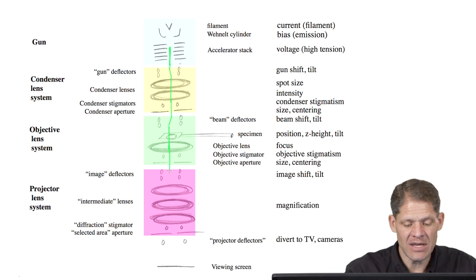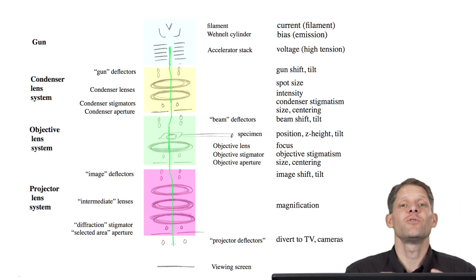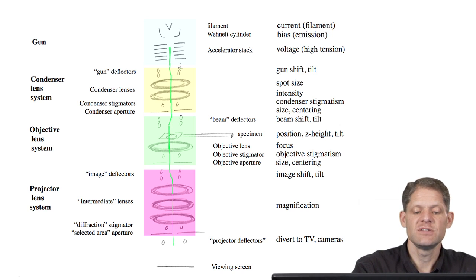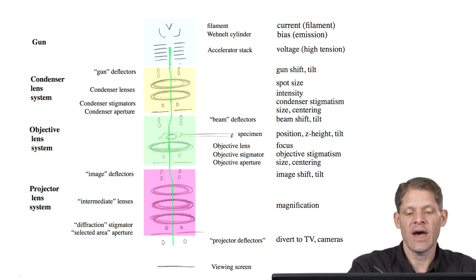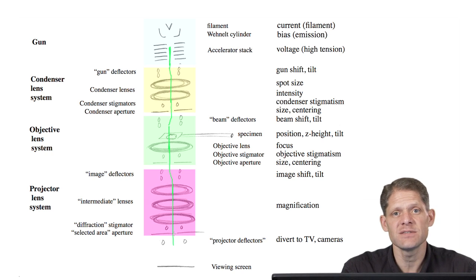And finally, we may need to shift and tilt it again so that it comes right down the optical axis of the projector lenses. So what it means to align the microscope is to find those deflector settings in all these deflectors that will produce a well-formed image that goes through nearly the optical axis of all the lens systems.